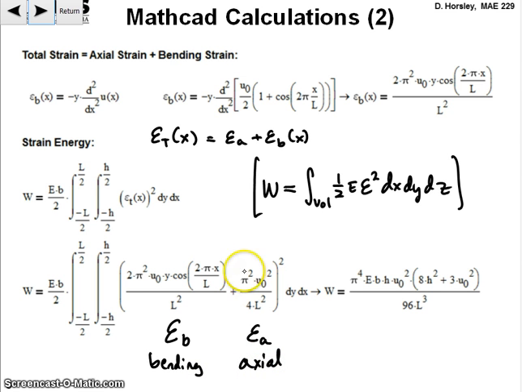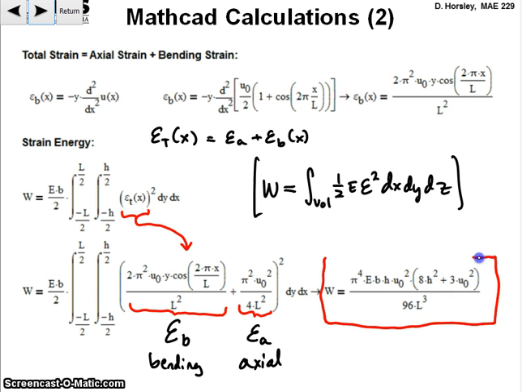I plug those in for epsilon. So this term here is the strain due to bending, and this is the strain due to the axial tension. And then I calculated the integral. Aren't you glad that I did this in MathCAD rather than writing it all down? And this is what I end up with. So this is the total strain energy.